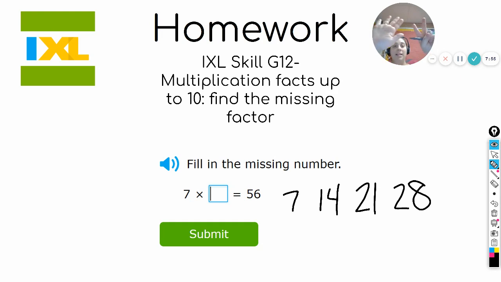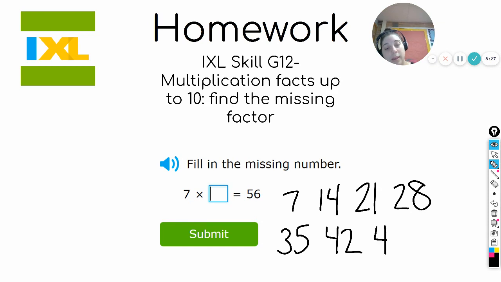And I am counting in my head so that you can be thinking or counting out loud to help yourself. So we're at 28. 35, 42, 49, 56.